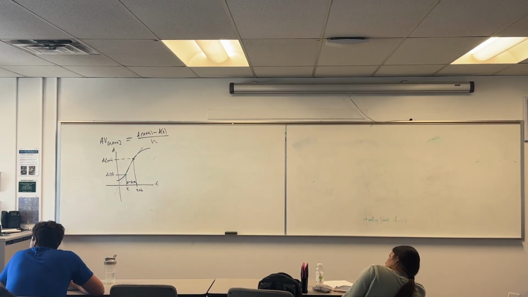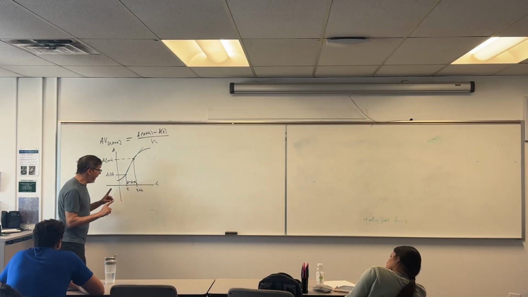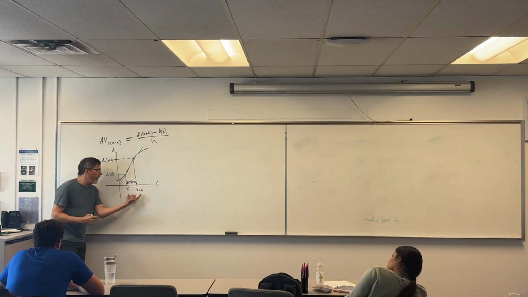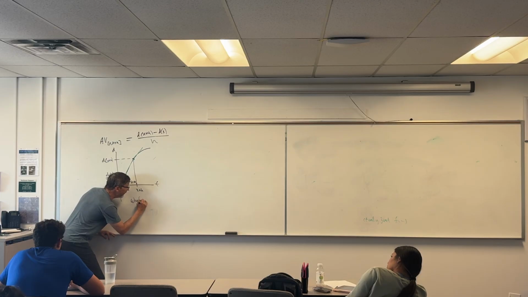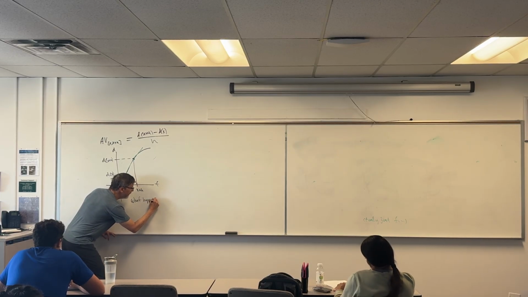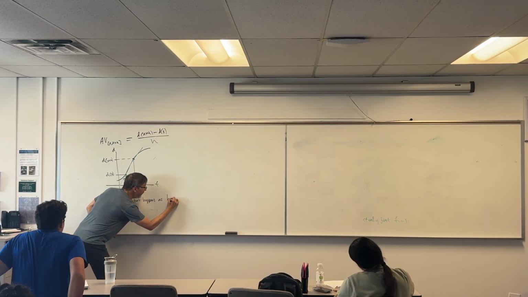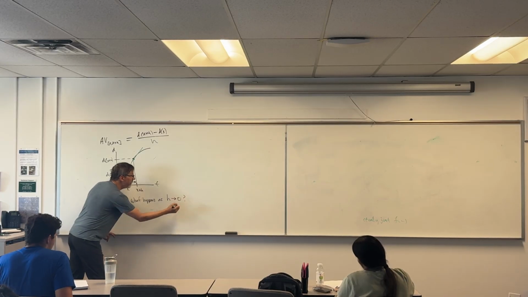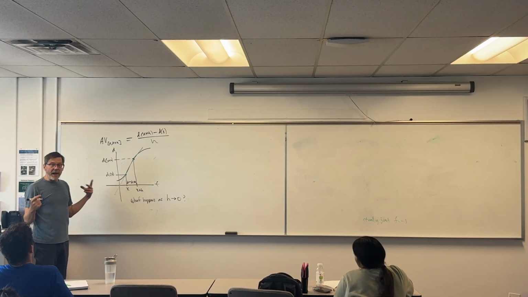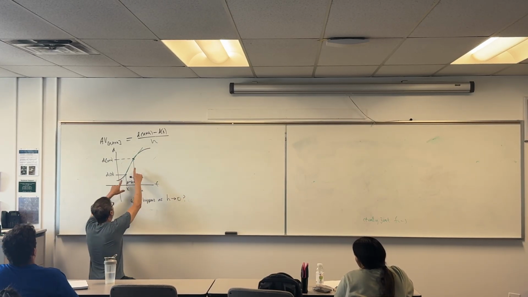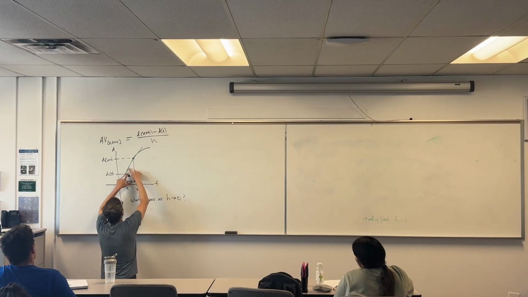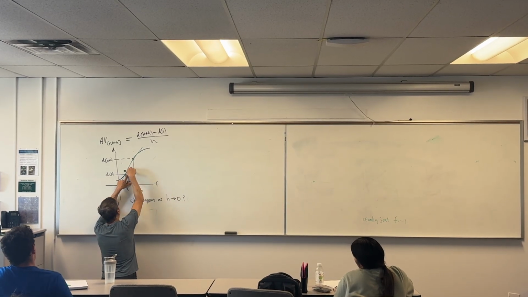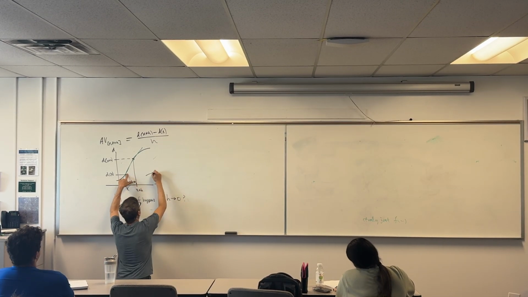Then at the very end of Friday, we started thinking about what happens as these 2 points get closer and closer together, as they coalesce. So what happens as h goes to 0? What happens is that these 2 points coalesce and that secant line becomes a tangent line.